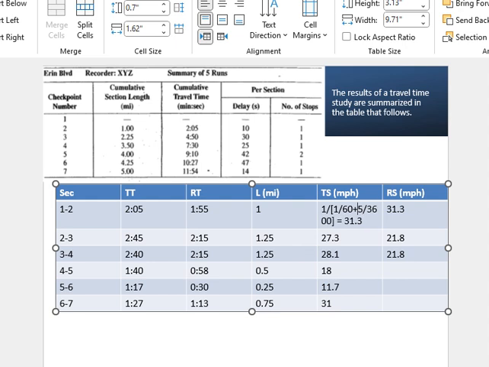Rest is correct, only the first one. Hmm. How much is this? This is 28.3, 28.8. Okay, what about this one? So 0.5 miles upon 58 seconds.